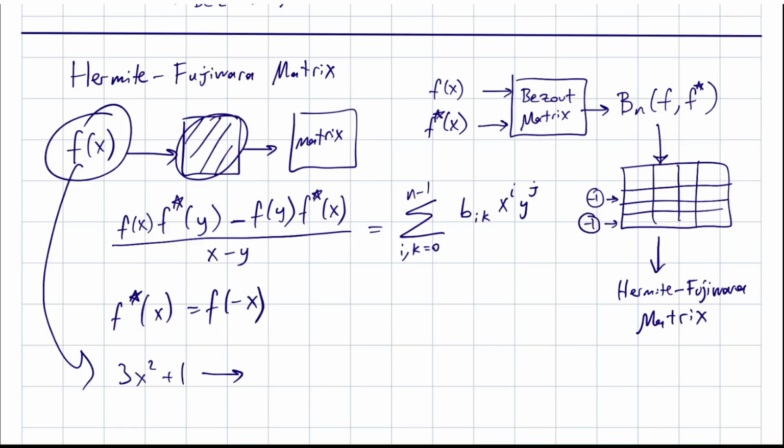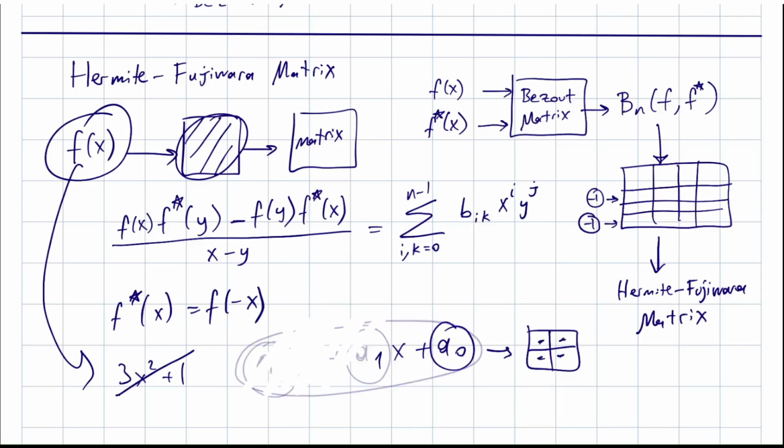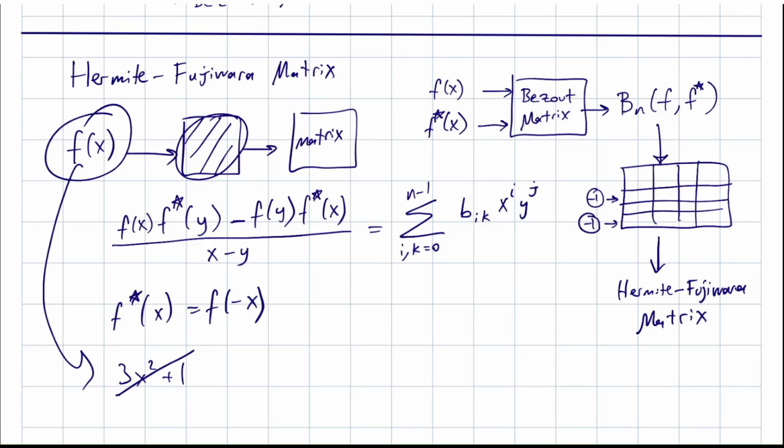However, if this is something like a2 x squared plus a1 x plus a0, then the matrix will have terms like a1, a2, a0. So I wanted to make that clear.